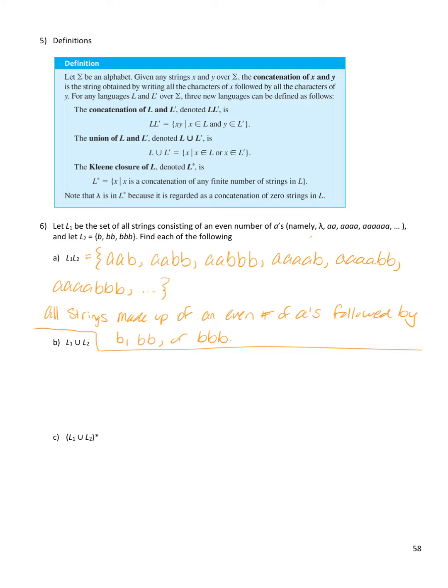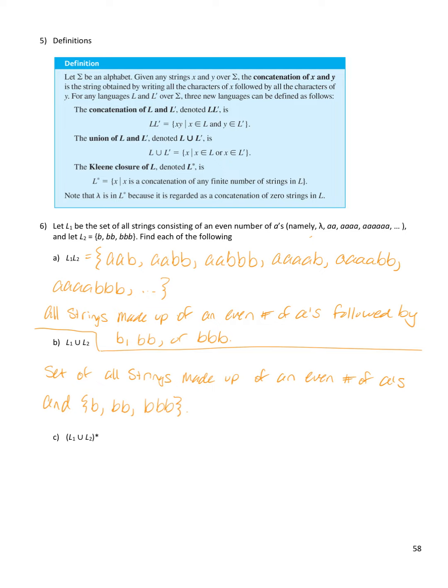So this is going to be the set of all strings made up of an even number of A's and B, BB, and BBB.